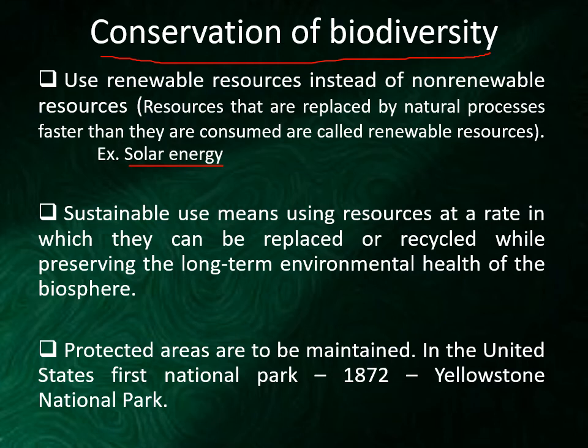Sustainable use means using resources at a rate at which they can be replaced. So when over exploitation is stopped, we are using the resources at a rate so that they can be replaced, they can be recycled, they can be fulfilled again.